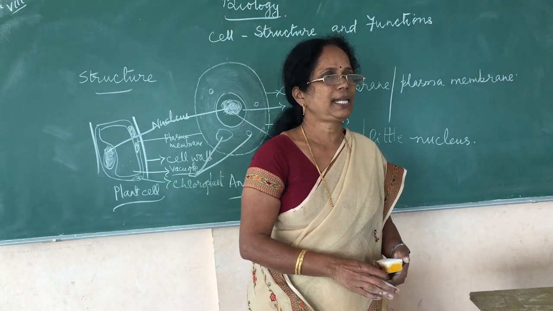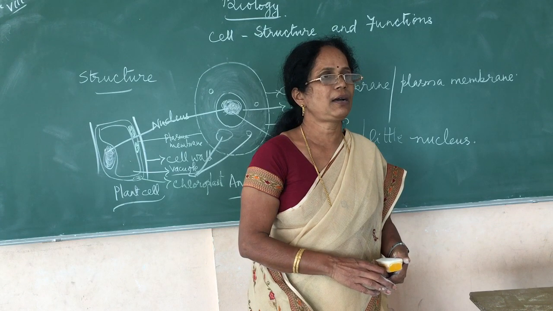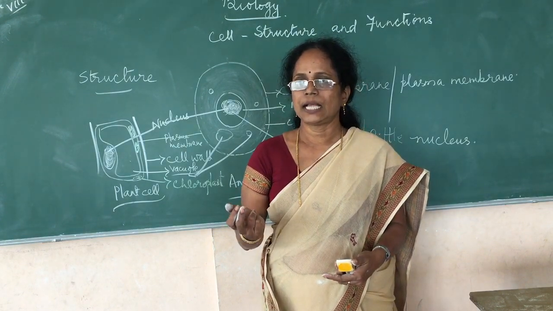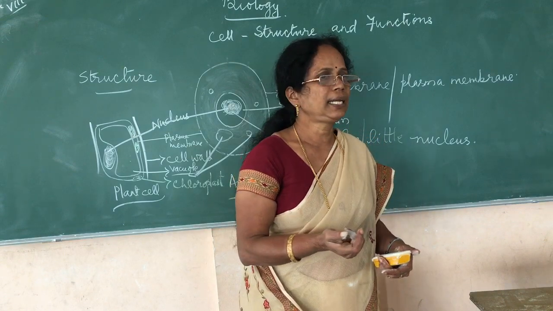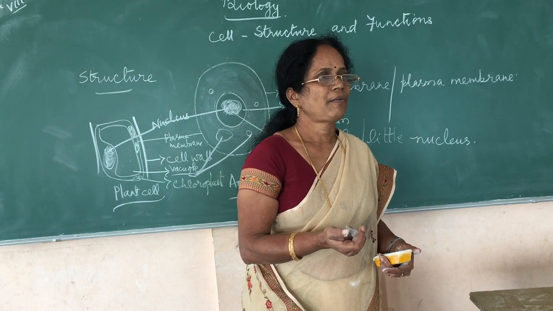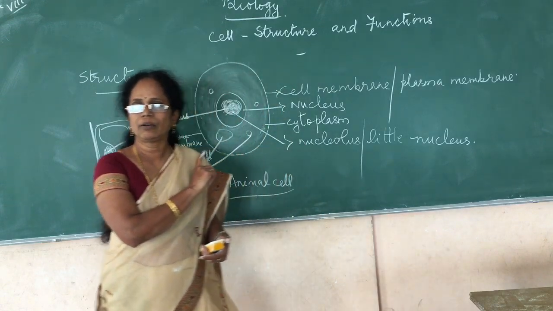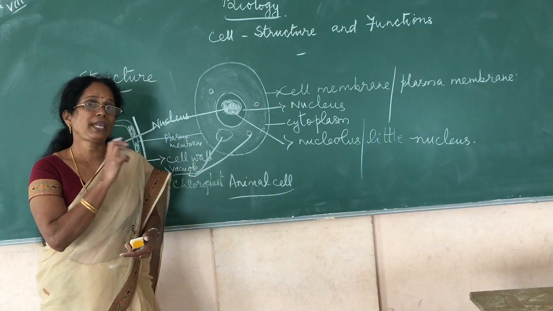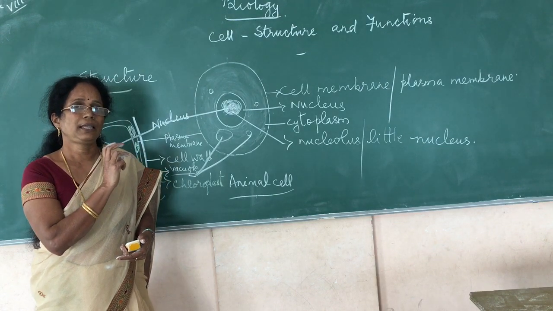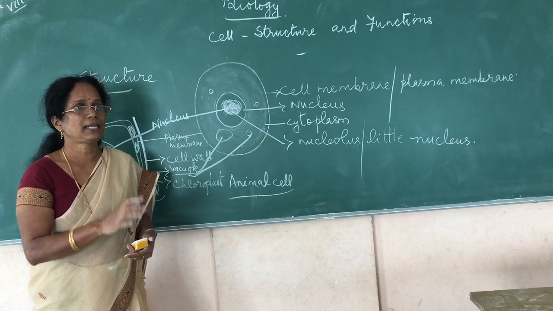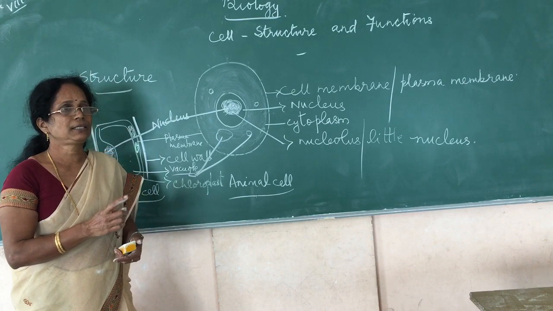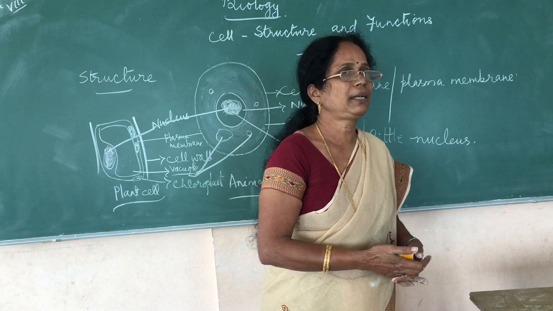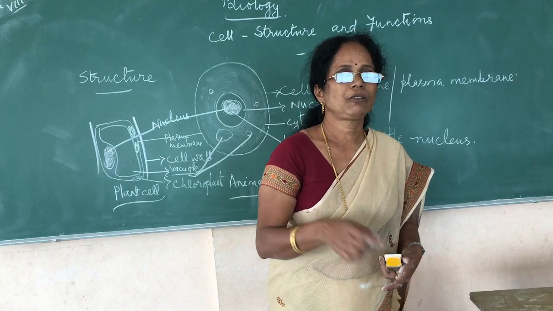The raw materials required for photosynthesis are carbon dioxide, water and sunlight. Photosynthesis takes place only in the chloroplast. The main organelle for this is the chloroplast, which contains the green pigment called chlorophyll.